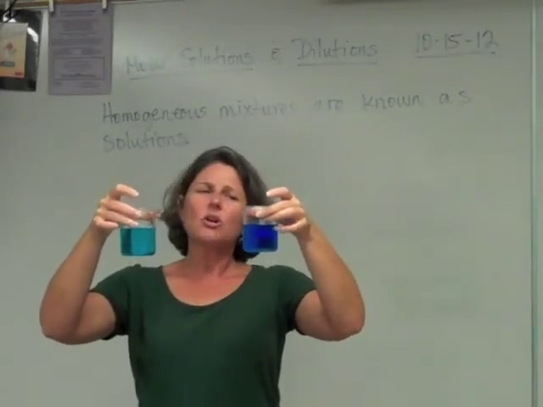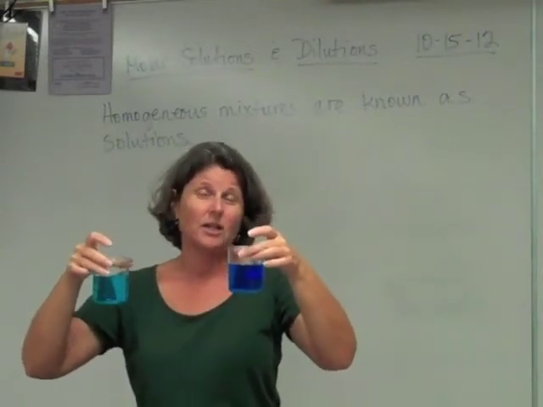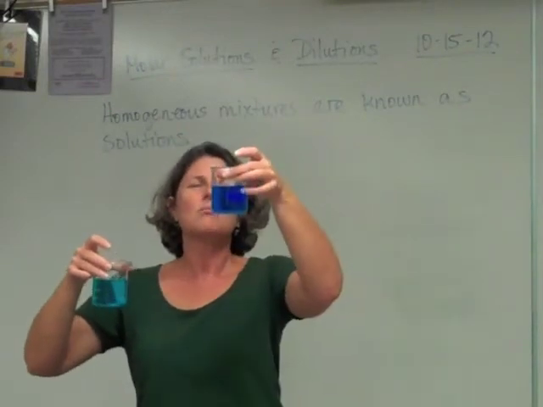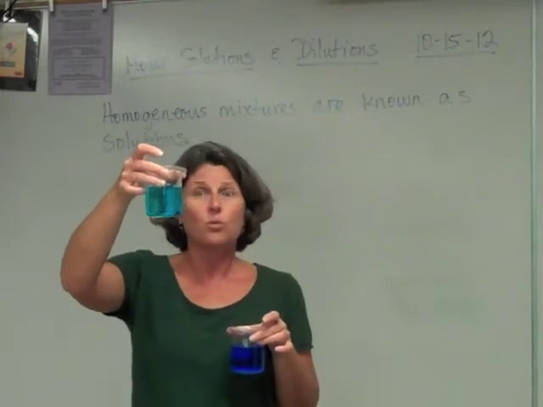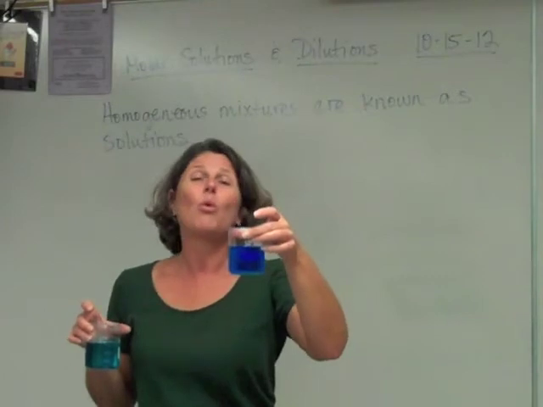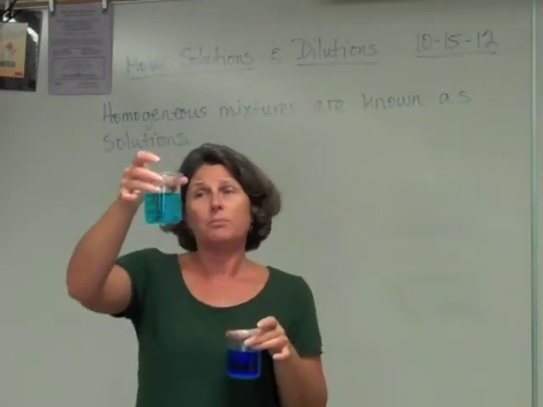We say that it's darker because it's got more copper 2 nitrate in it. It's more concentrated. So this is a more concentrated solution of copper 2 nitrate than this one. It has more solute. More moles of copper 2 nitrate are dissolved in here compared to this.